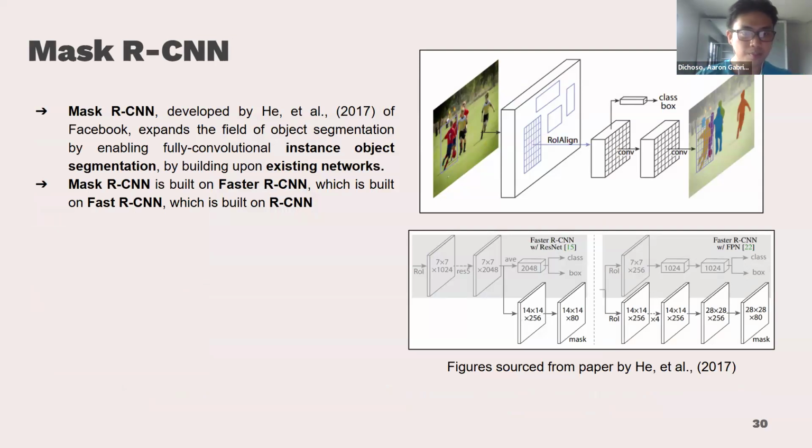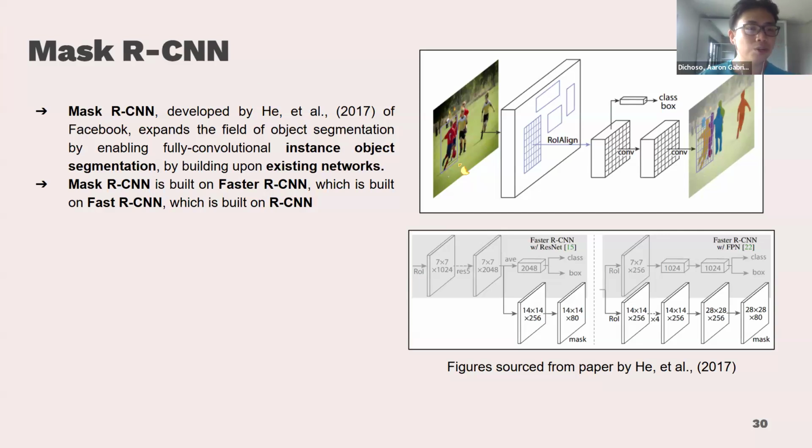instance object segmentation. And here, I would like to spend a bit of time talking about how Mask RCNN came about, because it's a really useful story for everyone that's starting to do their research, especially those that wish to improve upon existing architectures, because Mask RCNN is built on three different object detection networks before it finally became an object segmentation network.